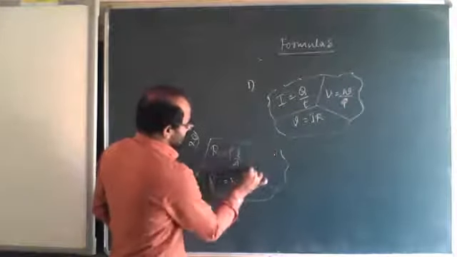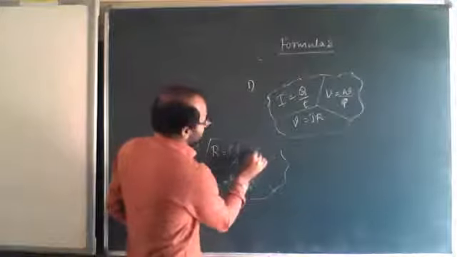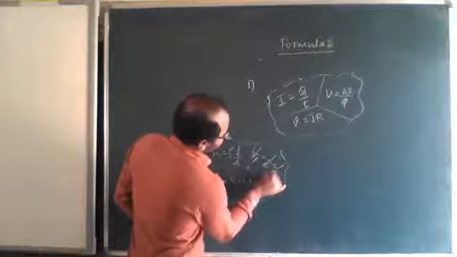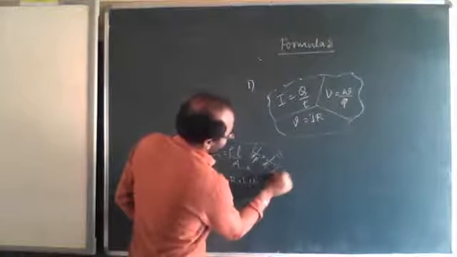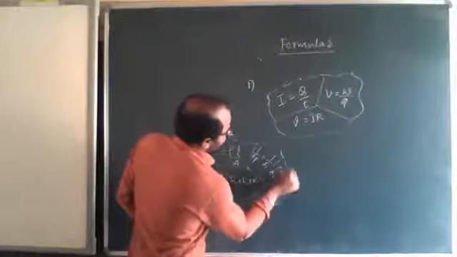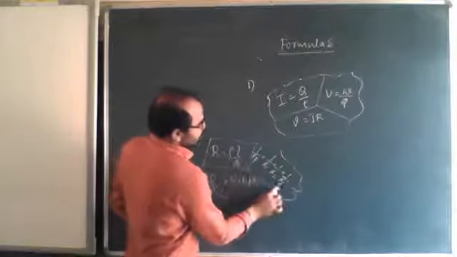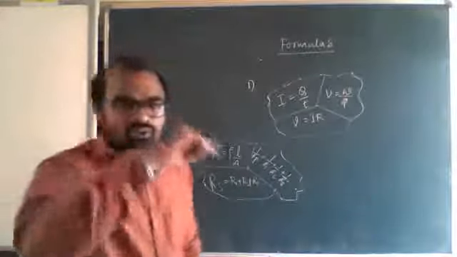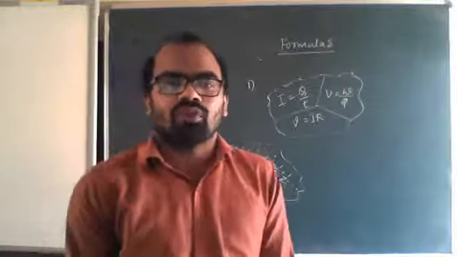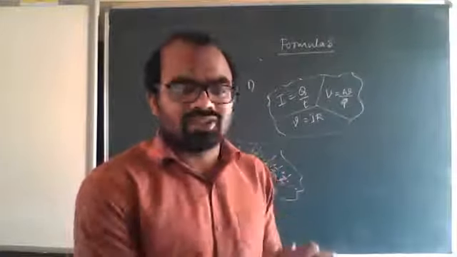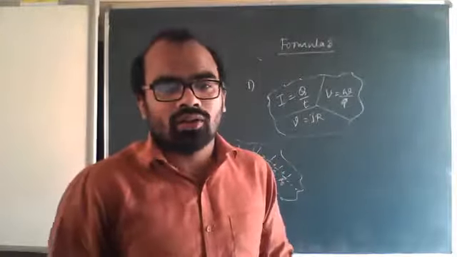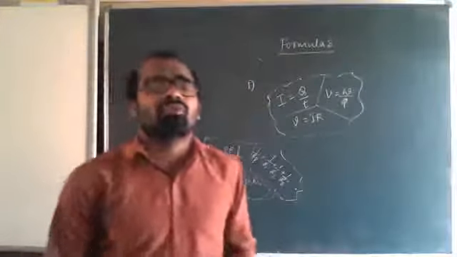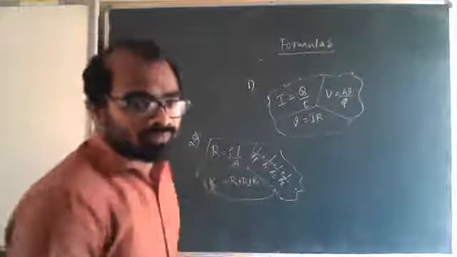And after that, 1 by RT is equal to 1 by R1 plus 1 by R2 plus 1 by R3. So you do the blocks like this, or you can make a rectangle also. In the rectangle you remember these formulas, or make a list but separate them into 1, 2, 3. That is the first block, and again the other block you separate. Or if you are able to remember all the formulas at a stretch, you can.